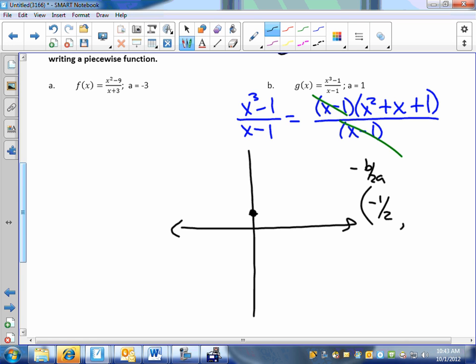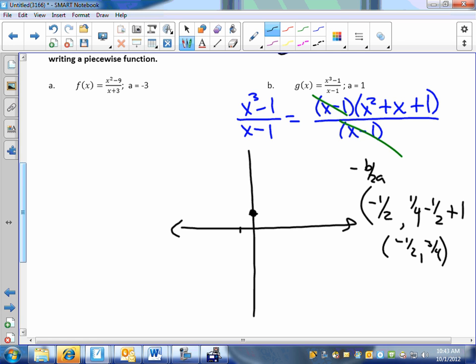How do I figure out the y value? Plug it in. Negative 1/2 squared is 1/4, plus x is negative 1/2, plus 1. So you have 1/4 minus 1/2 is negative 1/4, plus 1 is 3/4. So negative 1/2 and positive 3/4 is going to be our vertex.